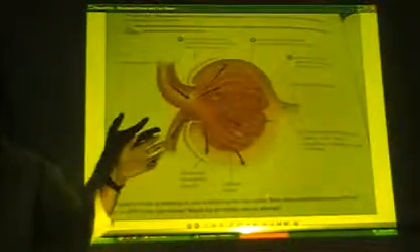Even if your pressure increases drastically, there is a very small increase in the net filtration pressure, and GFR is directly dependent on it. Glomerular filtration rate is directly dependent upon your net filtration pressure. It will hardly increase, so GFR will hardly increase, even if your blood pressure overall is increased.